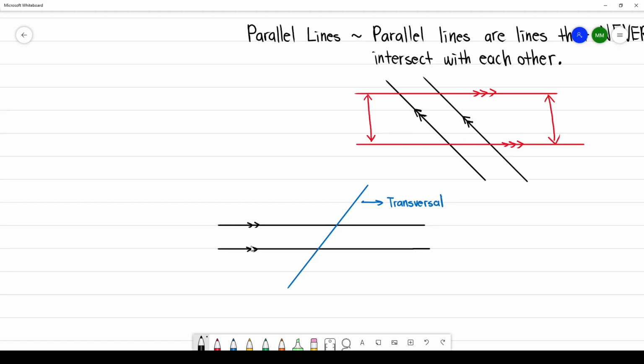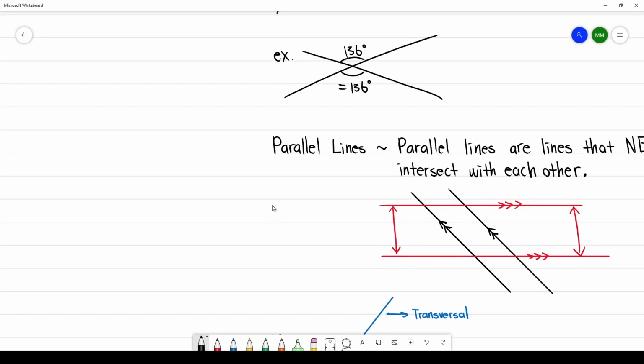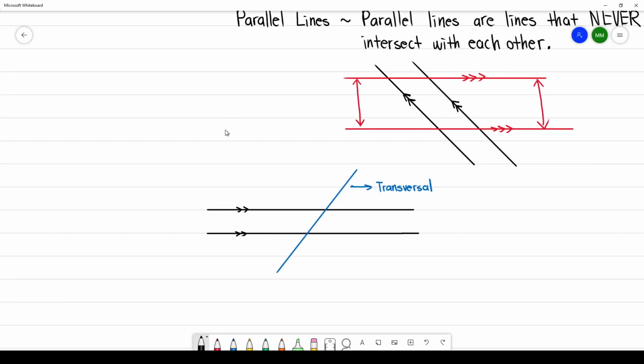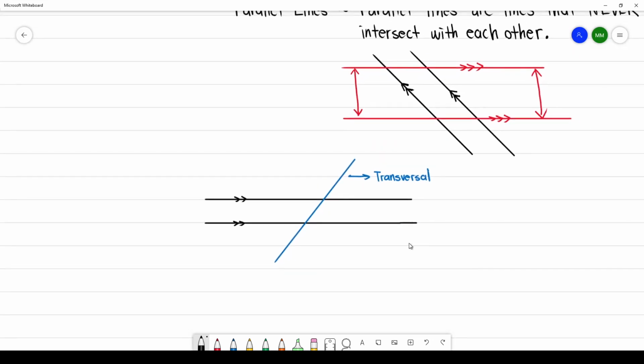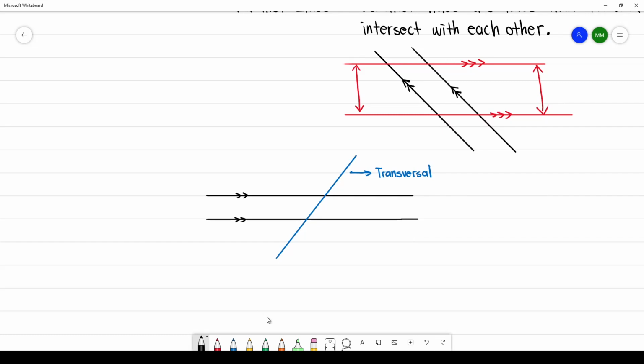Okay. So with this, how many types of angles do we have? Let's see. 1, 2, 3. About three types of angles that we can form here. All the angles here are 1, 2, 3, 4, 5, 6, 7, 8. There are eight angles over here, and some of them are very special.